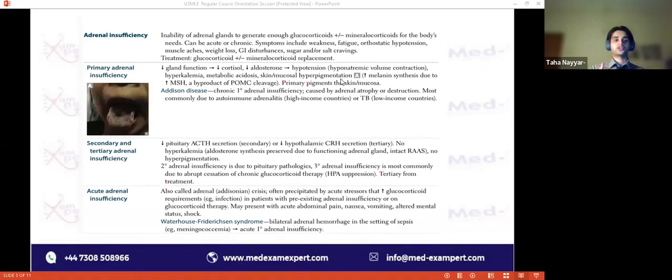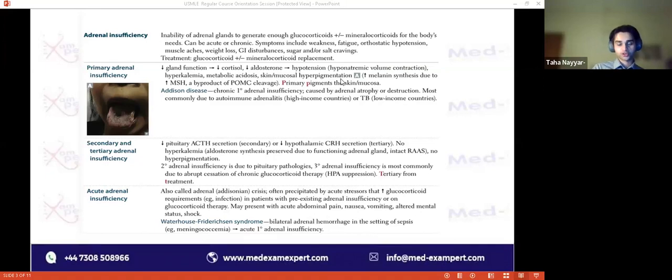ACTH causes the release of cortisol. Now this cortisol goes back and inhibits the production of ACTH and CRH. So there's this negative feedback, which maintains homeostasis. In these patients, there is no negative feedback because there is no production of cortisol, so there is no switch off of the ACTH.